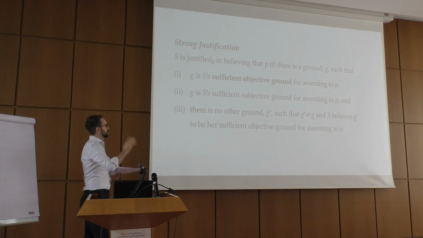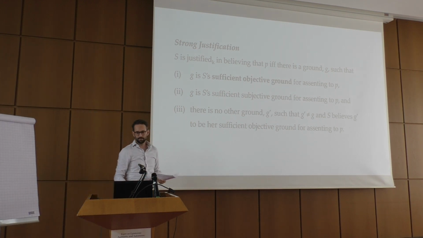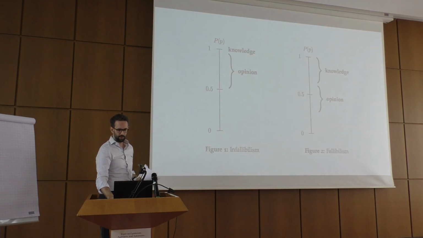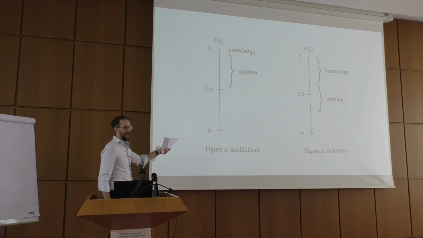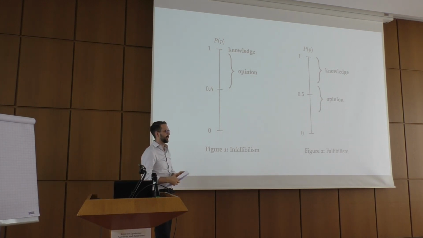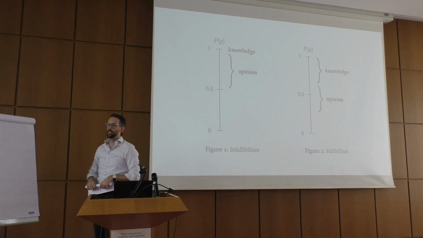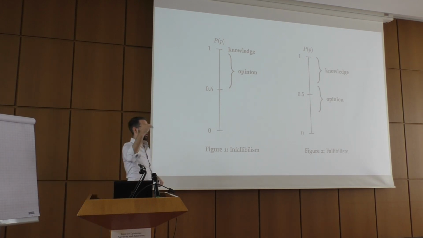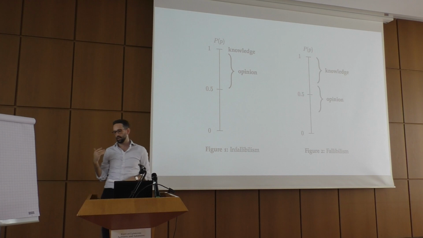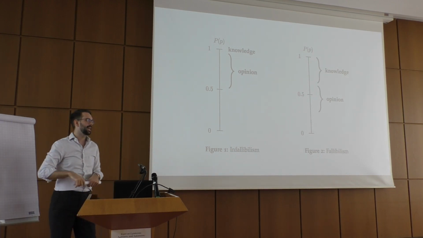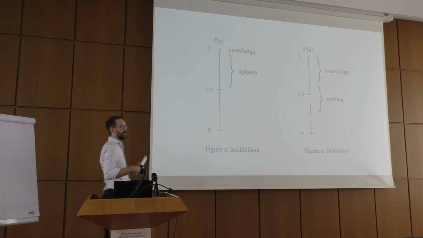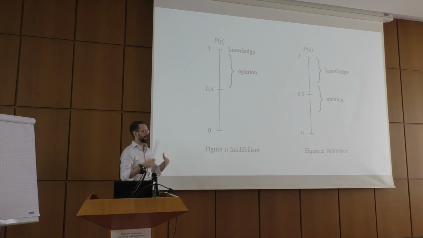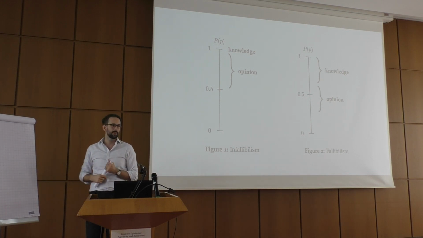Now, there is a strategy to get around this, and so here I'm going to get to my favorite slide. One would not have to be an infallibilist about sufficient objective grounds. Kant has this idea that evidential justification comes in different strengths, and the strength depends on the objective grounds and can be measured by how probable the objective grounds render the assent in question.